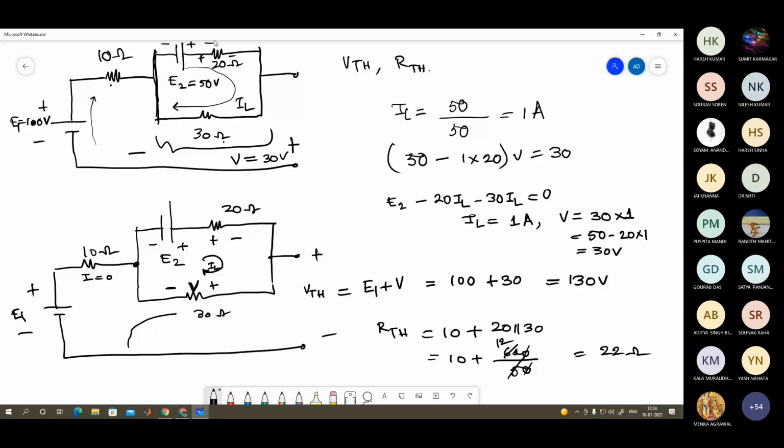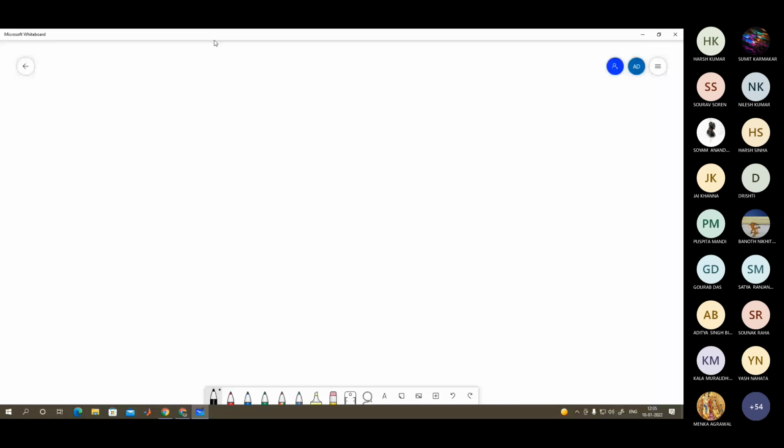So let us take one more problem. Let's take a problem with dependent source.